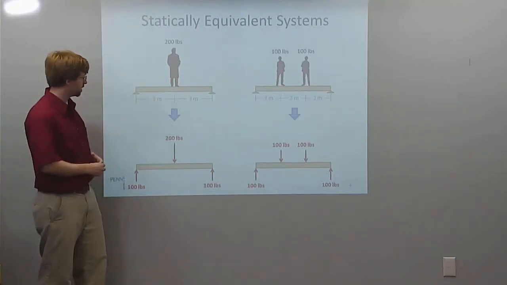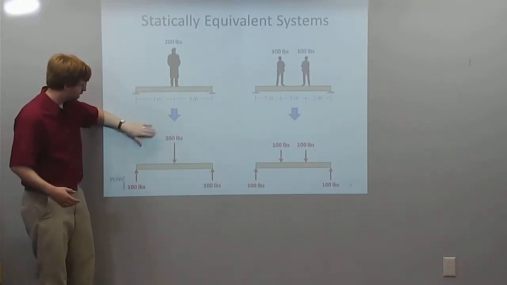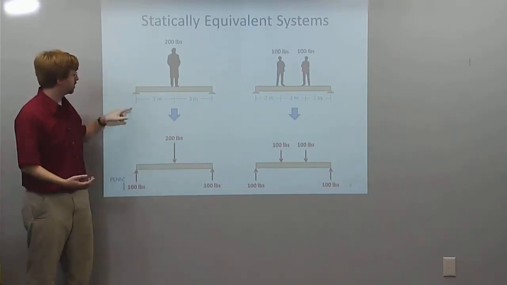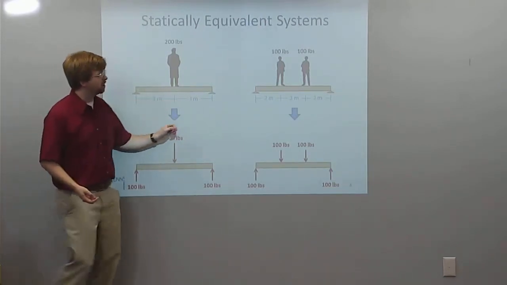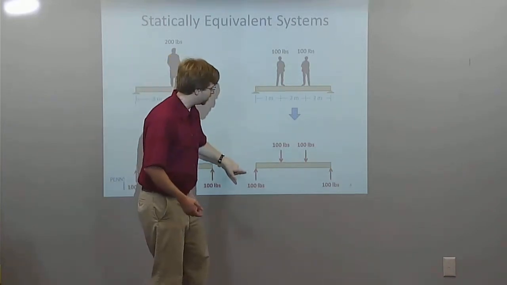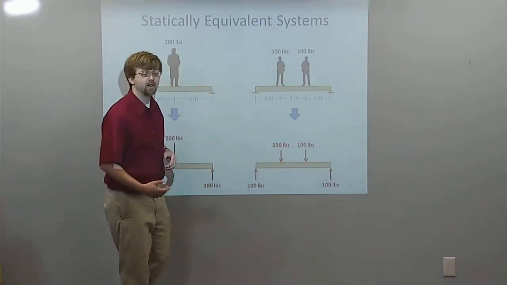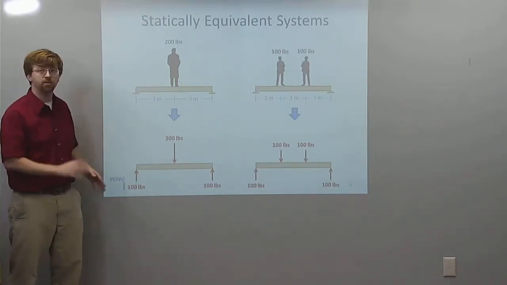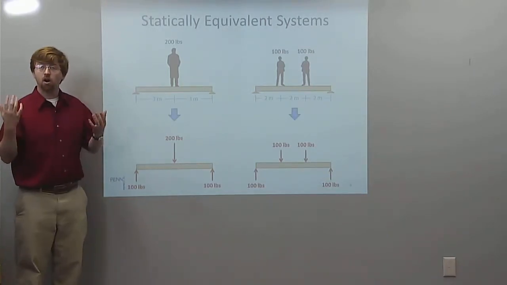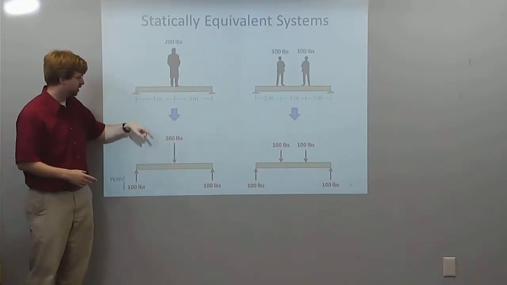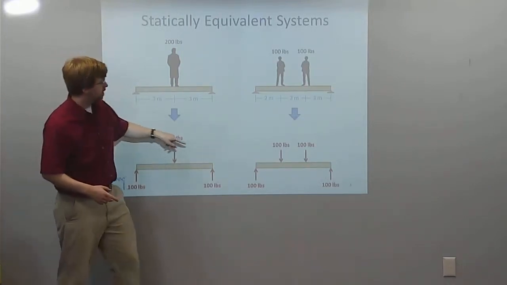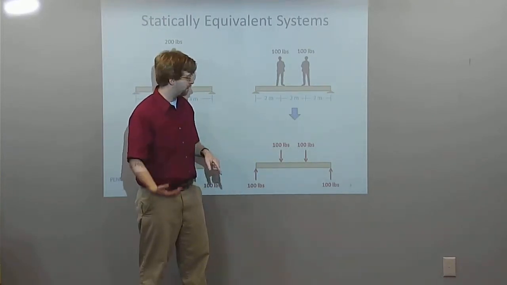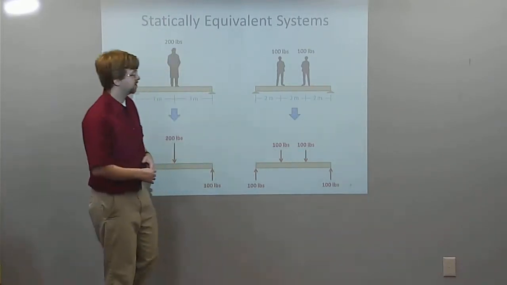So if it's kind of evenly spaced like this, our 200-pound man is going to cause 100-pound reaction forces at each end of the beam that's being supported. And these two 100-pound children are each going to also cause the same set of 100-pound reaction forces. So because the reactions are exactly the same here, our systems are statically equivalent. This 200-pound force in the center is going to be statically equivalent to these two 100-pound forces kind of evenly spaced on our beam.